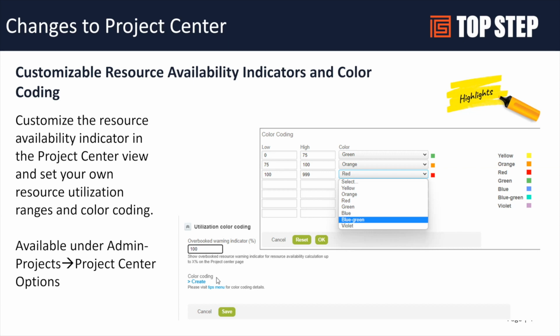The new option is available under the administrative tab under projects, and then there's a link called Project Center Options, where you can go in and set your color coding. I'm going to log into a sandbox after we go through these first couple, and I'll show you what this looks like in our sandbox.